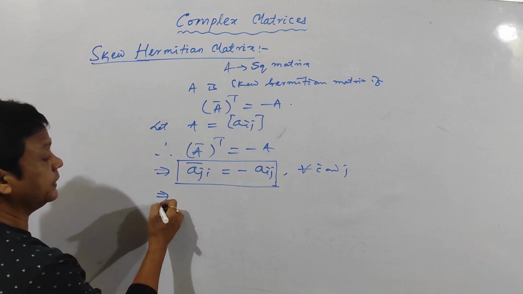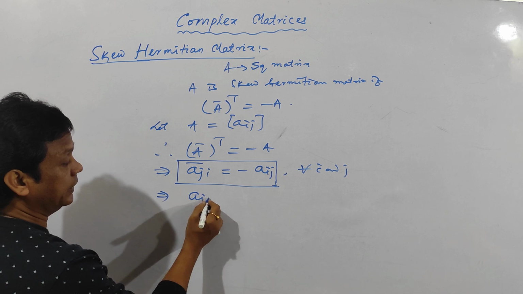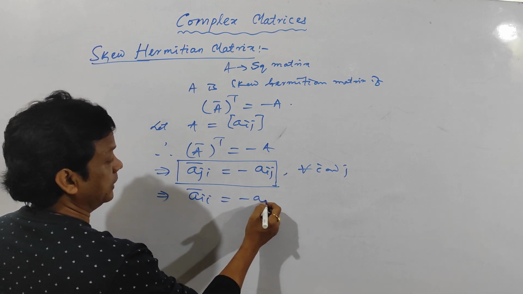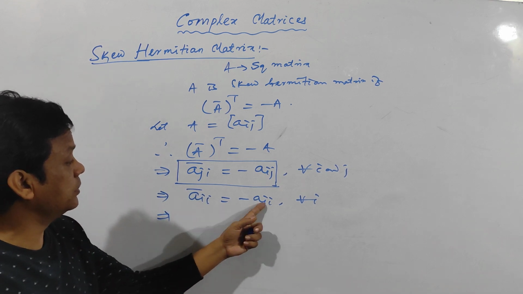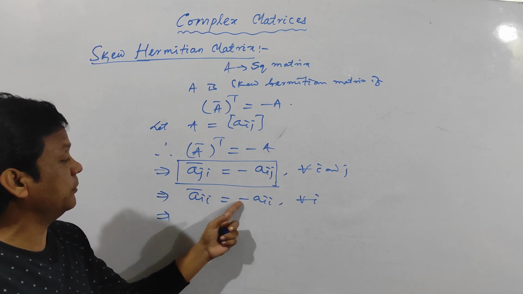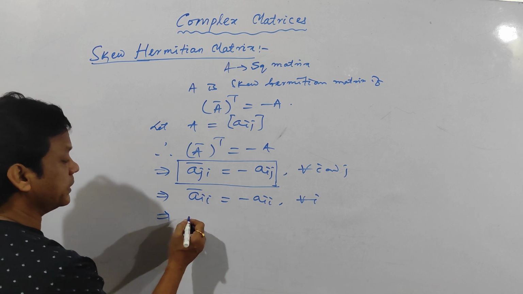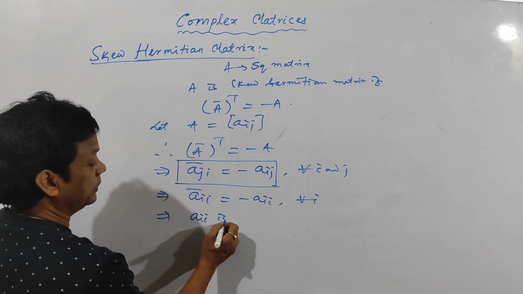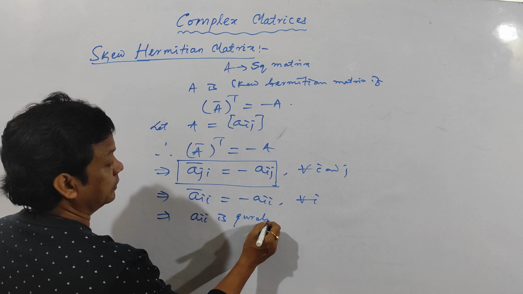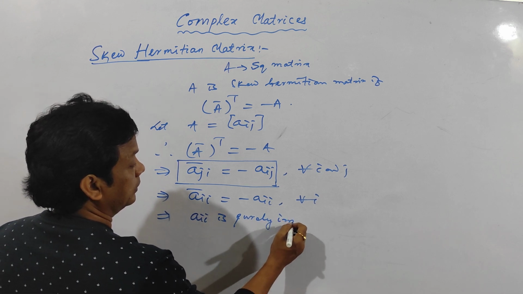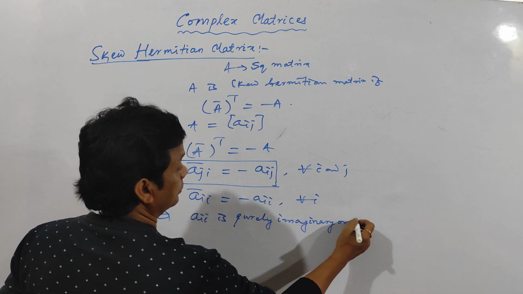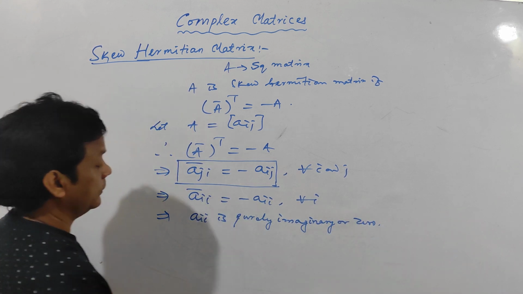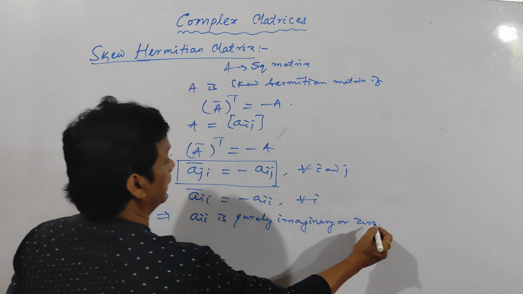Clear? Now, for the diagonal elements, Aii bar is equal to minus Aii for all i, that is, Z bar is equal to minus Z. And this is possible if Aii is purely imaginary or zero for all i.